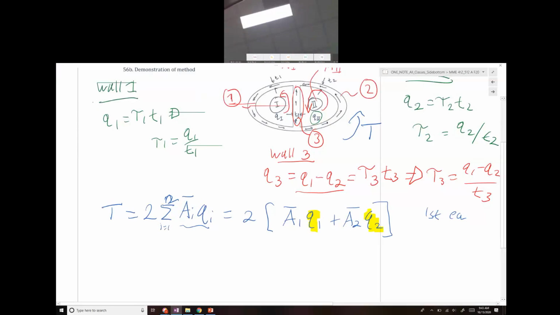Our second set of equations that we have to develop is for the angle of twist in each cell. So we have two cells.